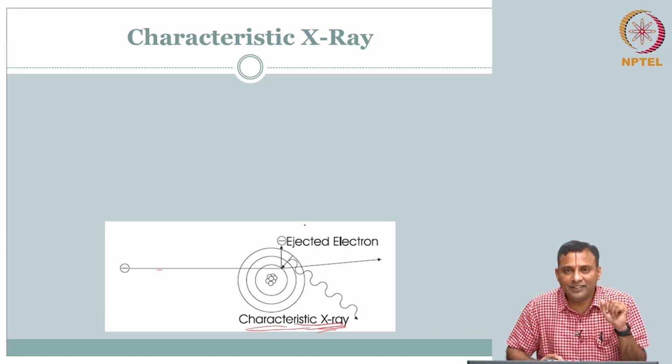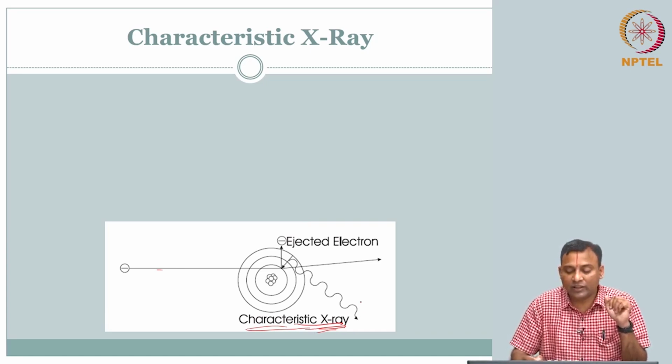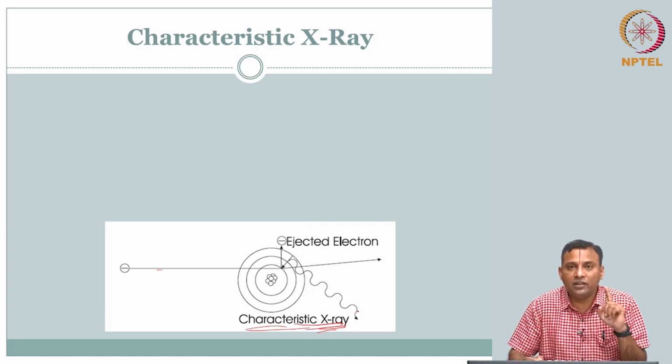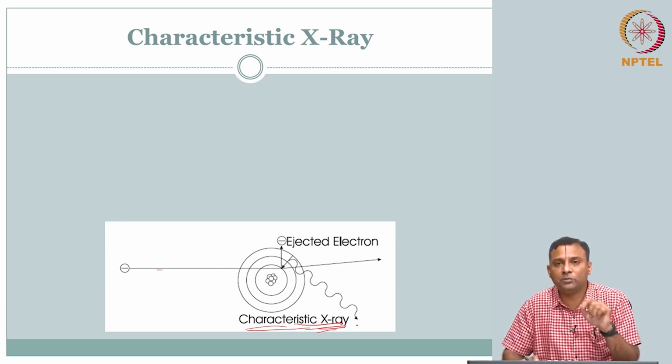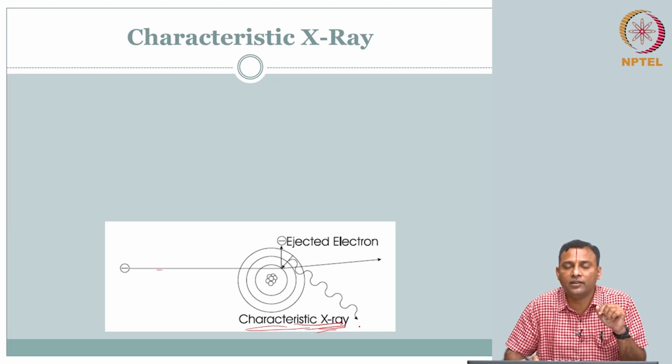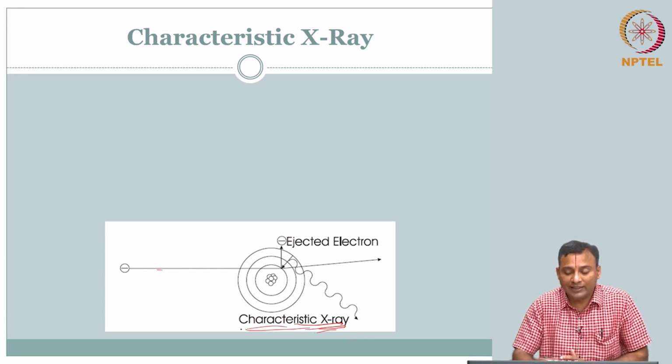In other words, if this energy that you are getting is unique to a particular transition that is taking place for a particular atom, so from this energy, oh, you tell me you are observing 576 kilo electron volt, then I will tell you that that atom is tungsten. If you can do that, then that is characteristic.